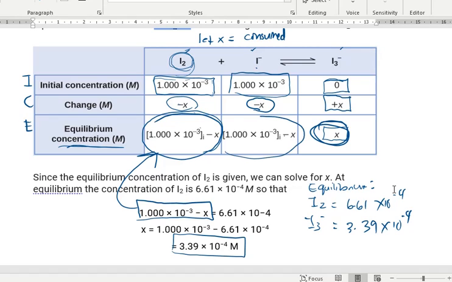And your I minus is 1 times 10 to the minus 3 minus 3.39 times 10 to the minus 4, which is equal to 6.61 times 10 to the minus 4.